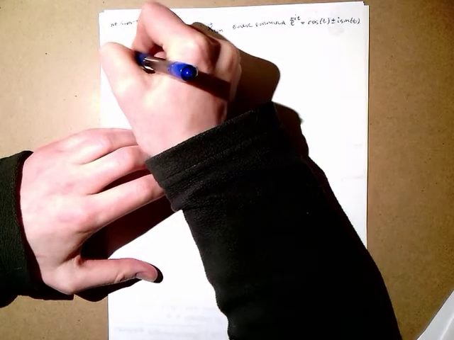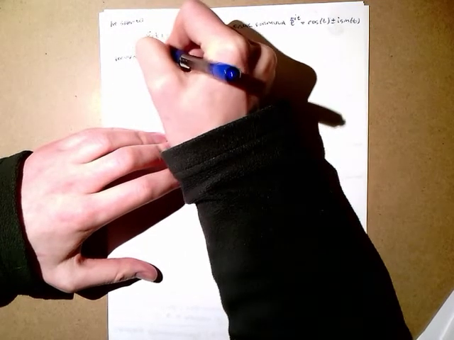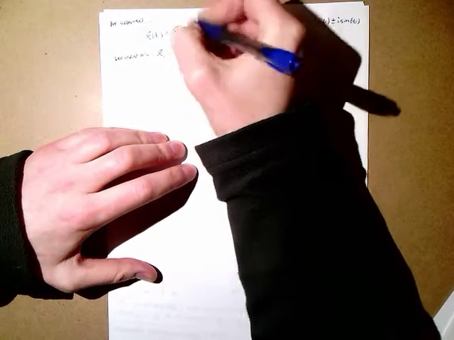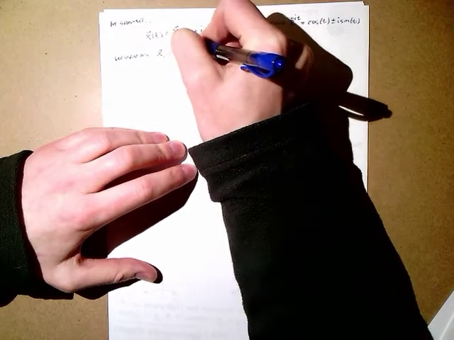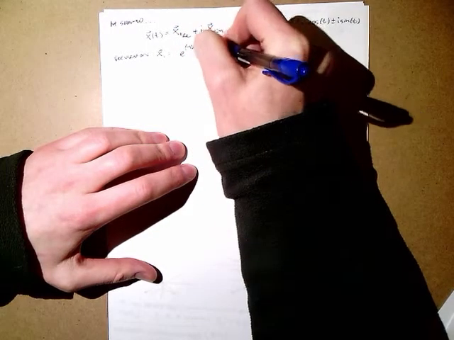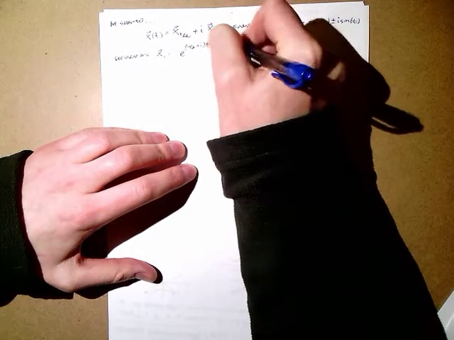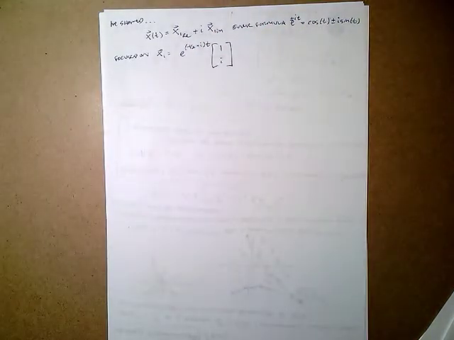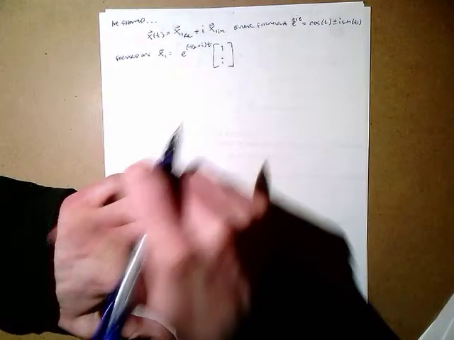So what we did, we focused on the vector x1, that is going to be e to the minus 1/2 plus it times v1, and we converted this into a vector that had real and imaginary parts.